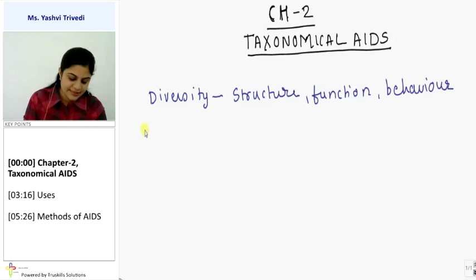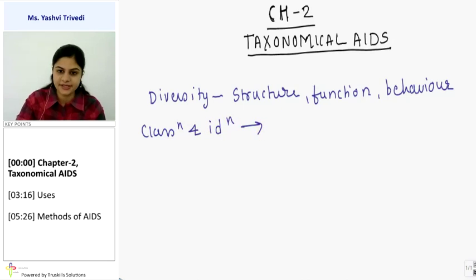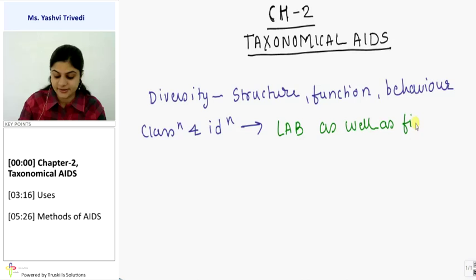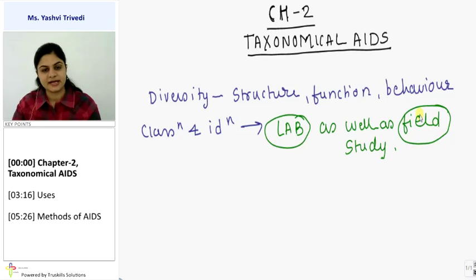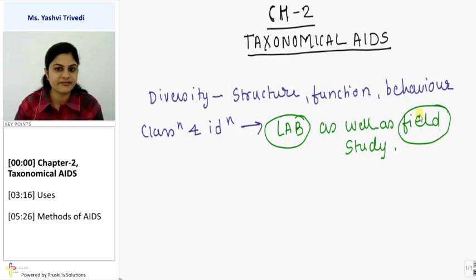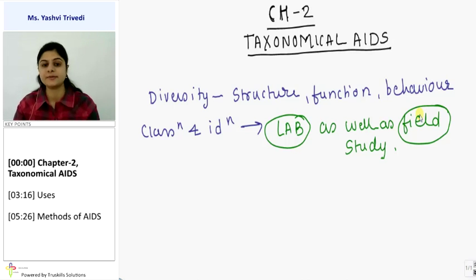For both classification as well as identification, we require laboratory as well as field study. Both the types of studies are required. After that, we can identify and then classify the organism according to their characteristics.